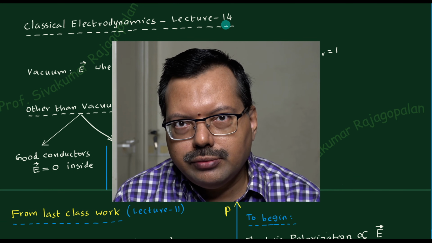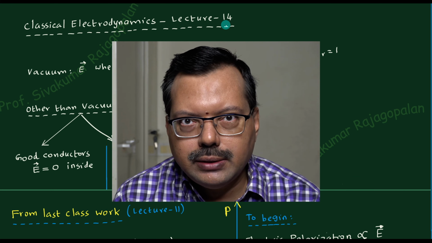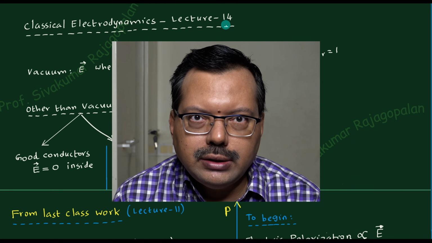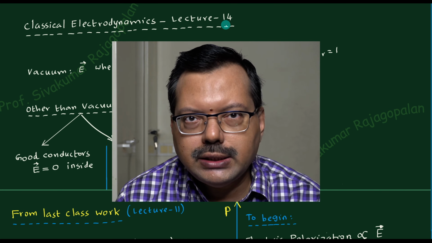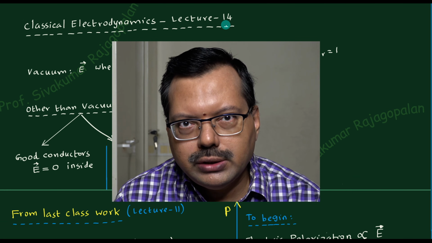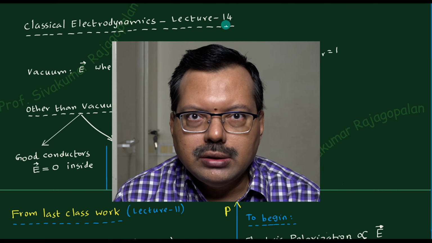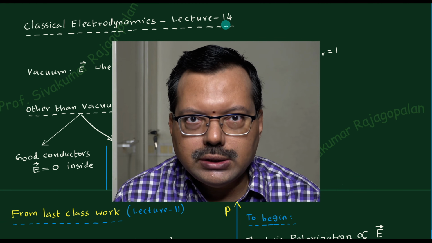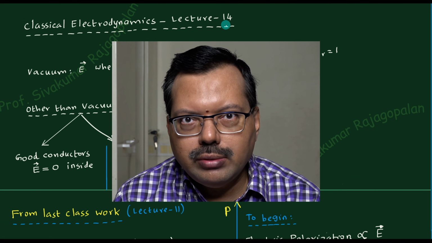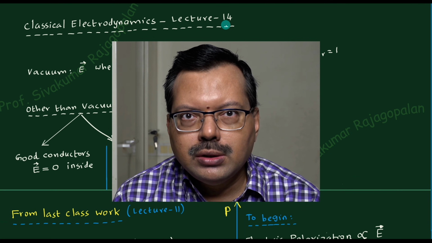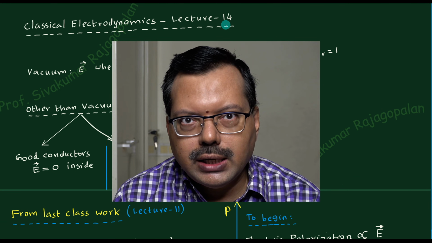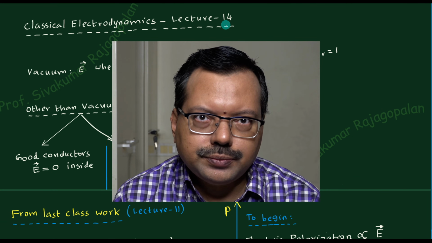Based on this, we are going to further understand how to write the Maxwell equation in the presence of a dielectric, and then we would like to know whether there is any relation between these two charge densities, the surface bound charges and the volume bound charges.